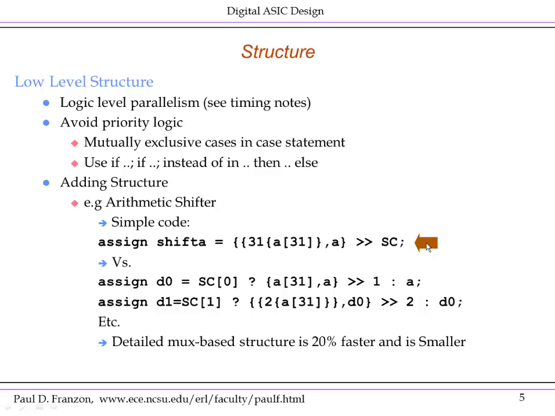Here I have a simple arithmetic shifter, that is, I want to shift to the right by a variable amount and preserve the sign bit. The way I do this here is I have 32-bit variables, so SC is 5 bits wide.